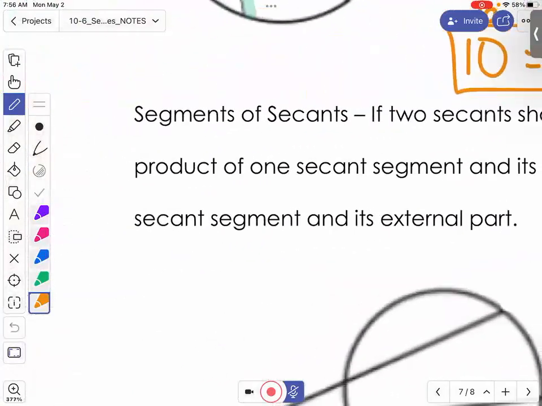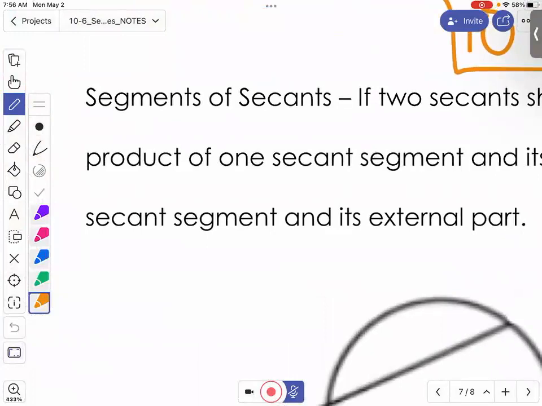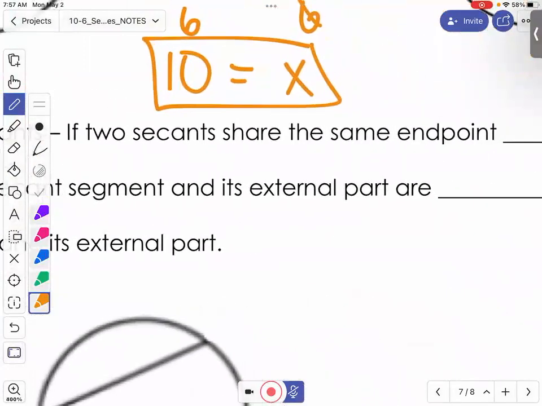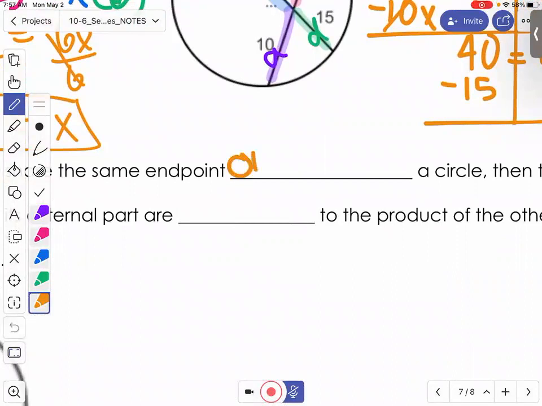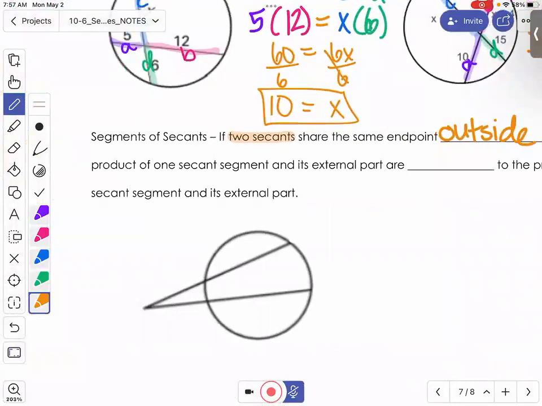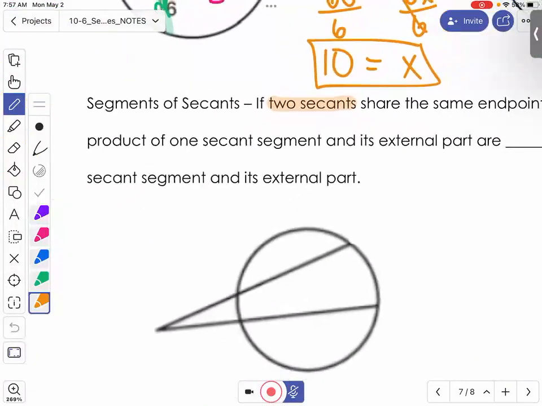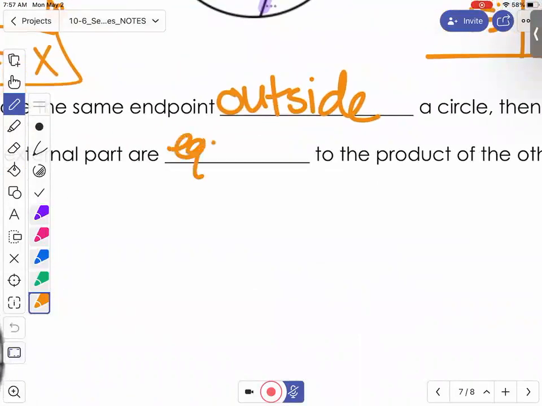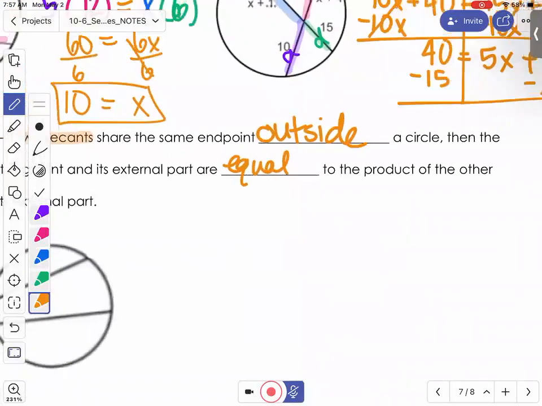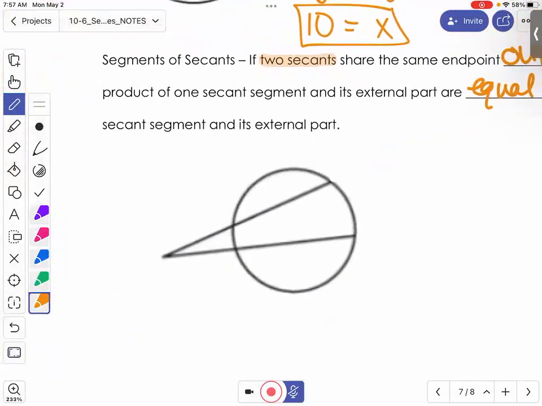So now let's say we have pieces of secants. So now our rule, our property, says if two secants share the same endpoint outside of the circle, then the product of one secant and its external part are equal to the product of the other secant and its external part.